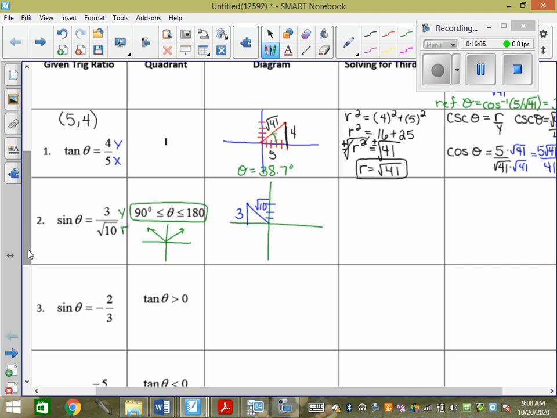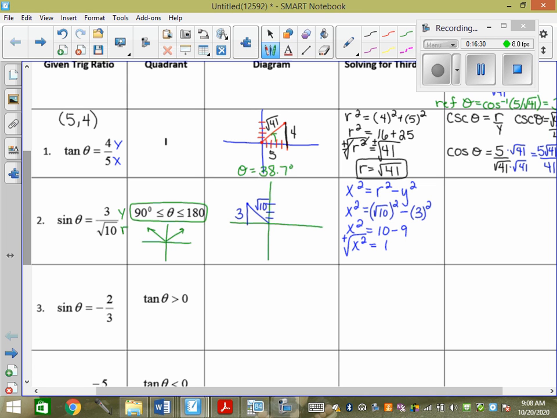Remember how you rearrange your Pythagorean theorem? So x squared equals r squared minus y squared. So x squared equals root 10 squared, which is lovely because it just gets rid of the squared symbol, and 3 squared. So x squared equals 10 minus 9. X squared equals 1.